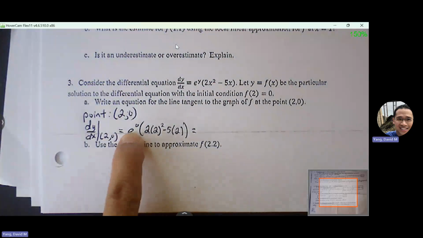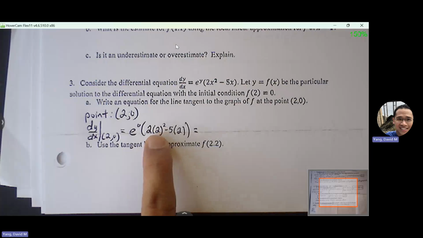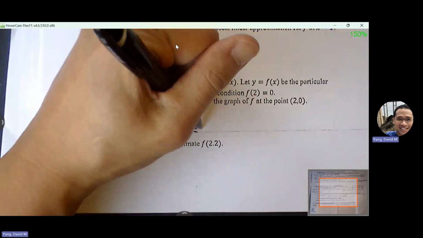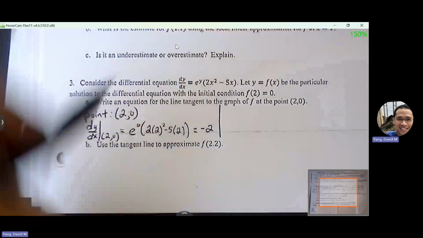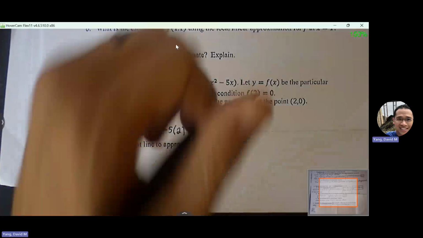Anything raised to the 0 power is what? Is 1, right? So e to the 0 is 1. 2 squared is 4, 4 times 2 is 8, 8 minus 10 is negative 2. Negative 2 times 1 is negative 2, so there's my slope. My point is (2, 0). My slope is negative 2.